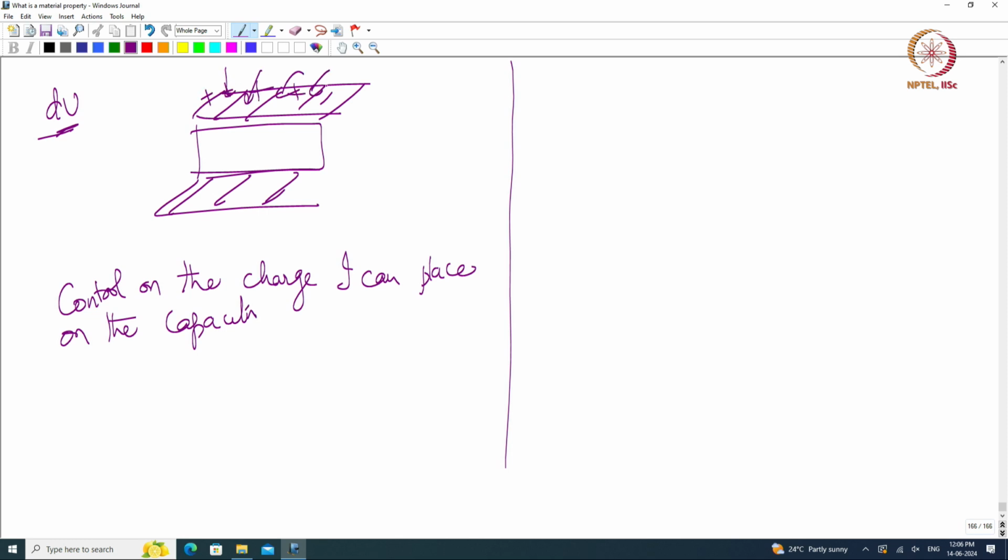So I have to be able to put some charge on the capacitor: plus plus plus here and minus minus minus here. So my control variable is charge, not voltage, not electric field. How do I put charge? I can have a current source and charge the capacitor up. So typically it is current or charge that is the control variable.